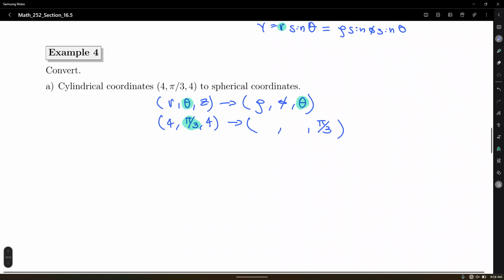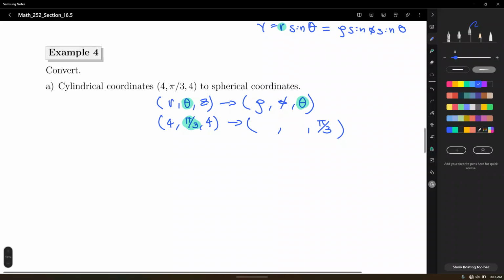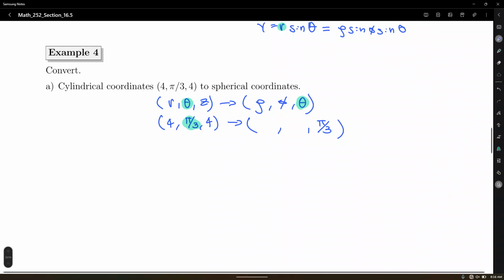How are we going to do that? Well, we know r in this case, right? So this is r, theta, and z. So we could use rho squared equals x squared plus y squared plus z squared. We can use this relation to go from r to rho.